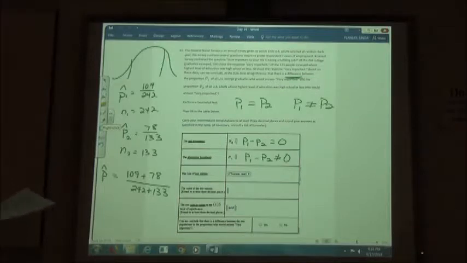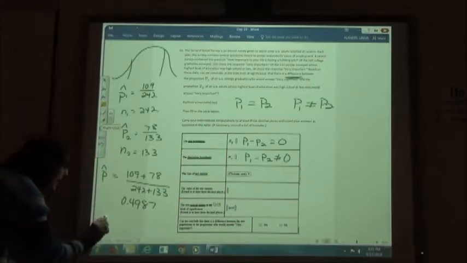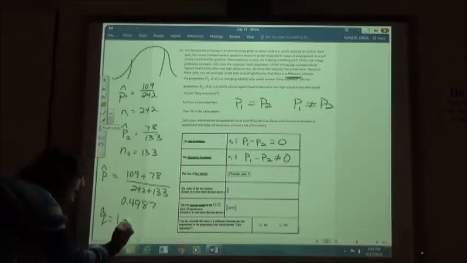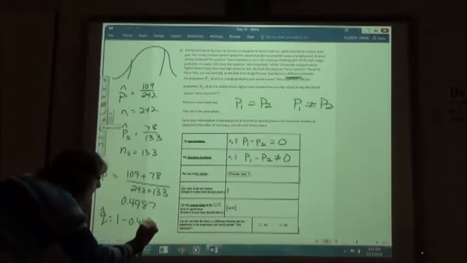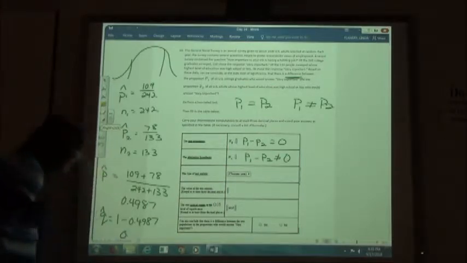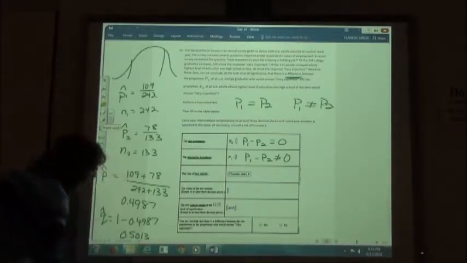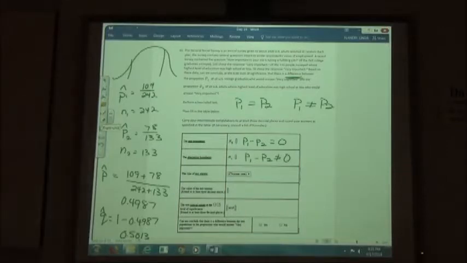And that's 0.4987. My q-hat is 1 minus that value. So 1 minus 0.4987 would give me 0.5013.